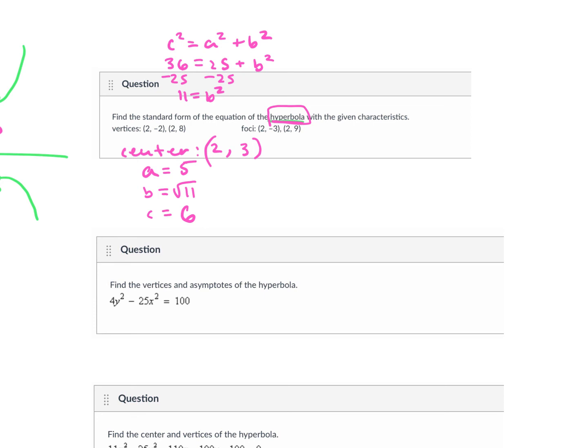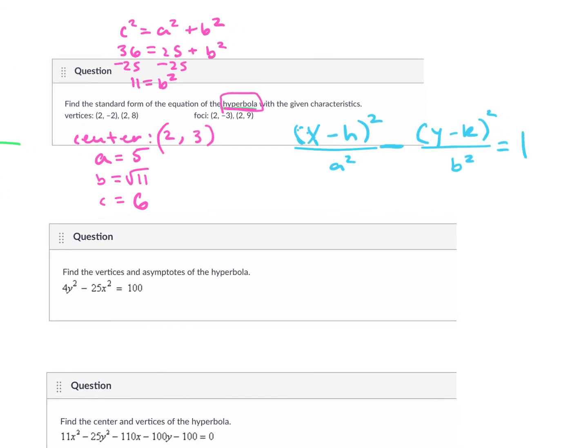Our formula for a hyperbola that opens up and down, what comes first, the x's or the y's? The x's, because it opens up and down. So we have x minus h squared over a squared. Is it plus or minus in the middle? Minus y minus k squared over b squared, and it's equal to what? 1.